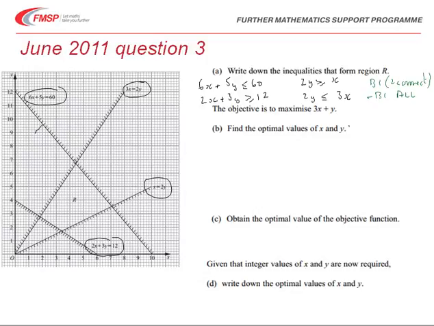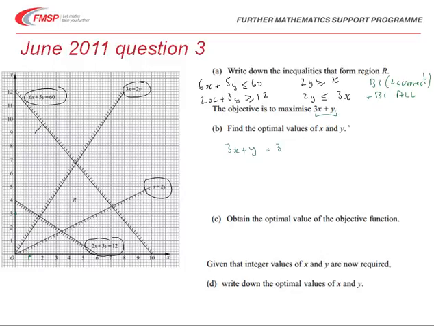The next part of the question says that we have to maximize the objective function 3x plus y. So we're going to look at the line 3x plus y. Let's, for example, look at the line where 3x plus y is equal to 3. That will go through 3 on the y-axis and 1 on the x-axis.